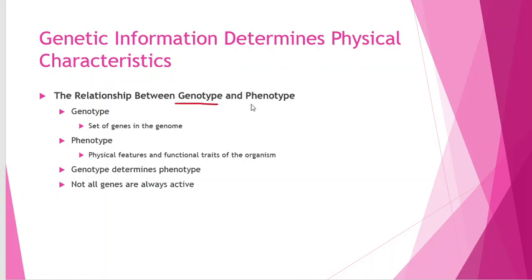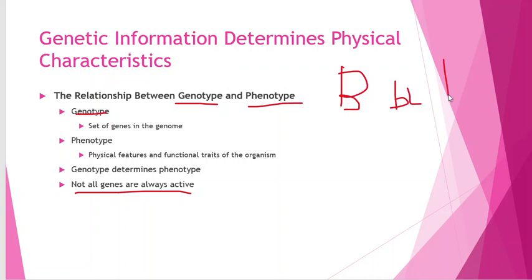We kind of talked about genotype and phenotype. Genotype is just what you have in your genes, but not all genes are turned on at the same time. They're not all active. Some of them are suppressed. Say I have genes for brown eyes and genes for blue eyes, and blue is recessive.